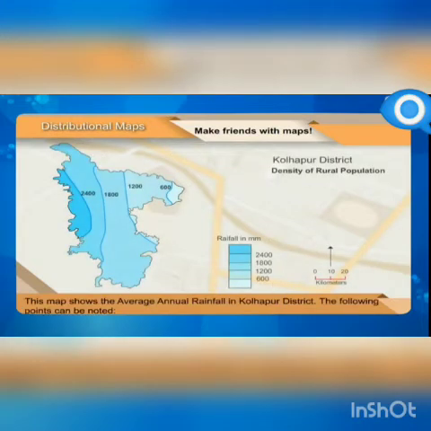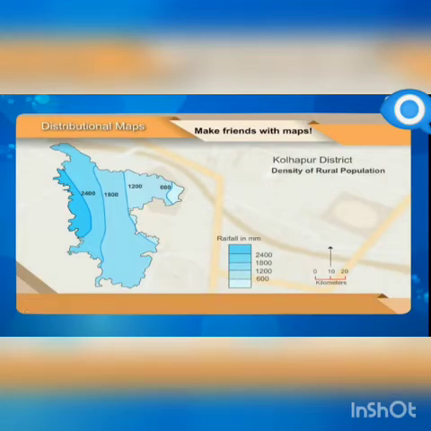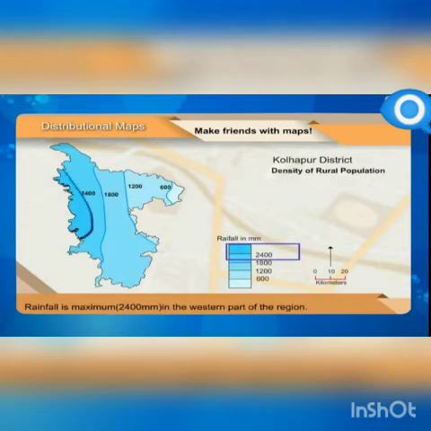Now we are using the isopleth method to show the rural population of Kolhapur. Sorry, it is rainfall. Rainfall is 2400 mm towards the western part. It is the highest in that area.